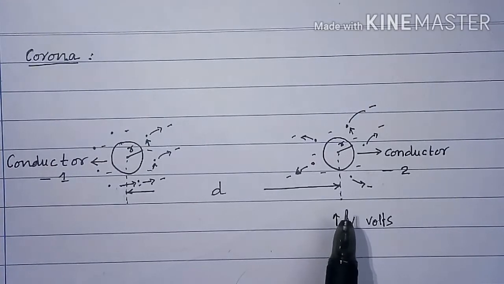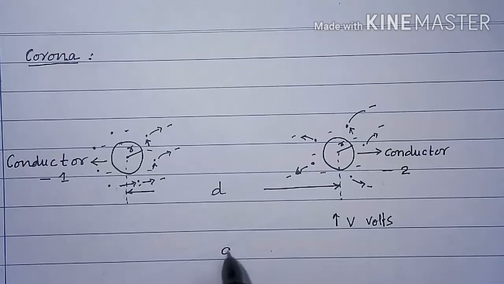Normally, the distance between the conductors is sufficiently high compared to their radius, that is D is much greater than R. Therefore, corona occurs before flashover.